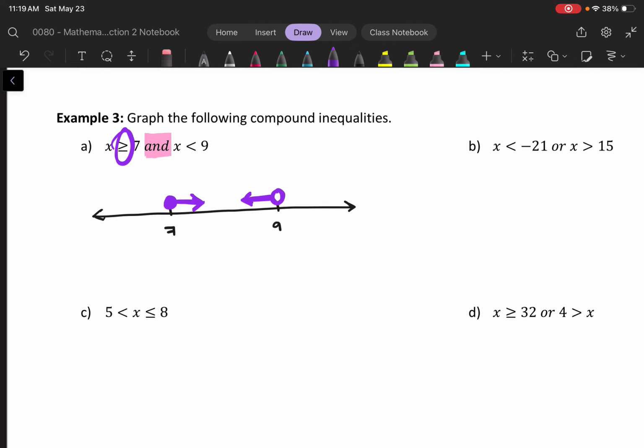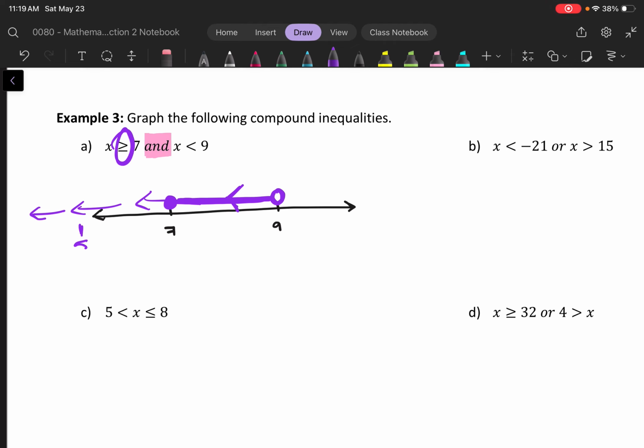Now here's the catch. I need my number that I am choosing to be bigger than or equal to 7 and smaller than 9. So what I'm going to do is when these two are facing each other, I'm going to connect those endpoints together, and I'm actually going to get rid of the arrows. And the reason I'm going to get rid of the arrows is if I had an arrow going this way, it would imply it goes this way forever.